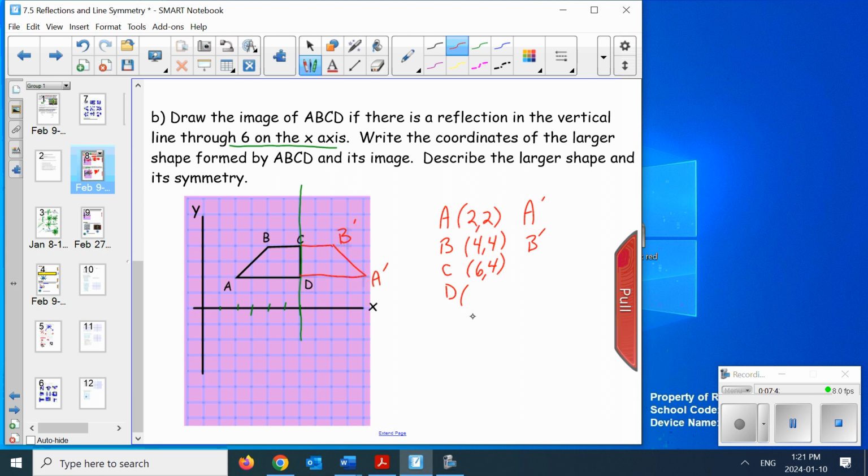D is 6, 2. A prime, 6, 7, 9, 10. B is 8. Okay.